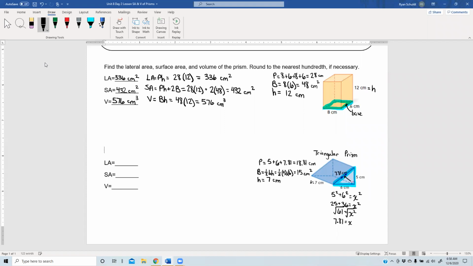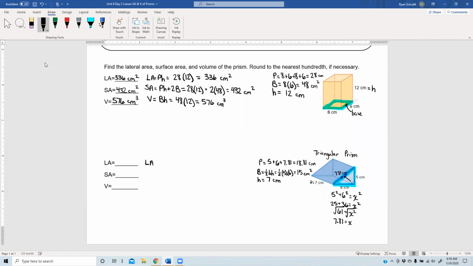So the height of the prism is 7. Okay, we've got big P, we've got big B, and we've got h. So we're in good shape now to just plug everything into the formulas.